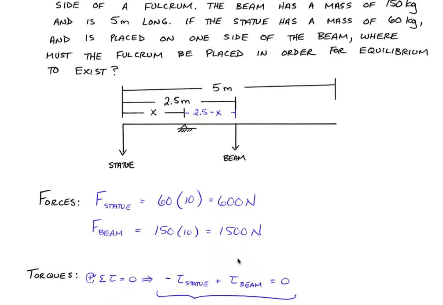And like we did before, I will calculate my torques, clockwise being considered positive. Well, if this is pinned here, that statue is trying to make this whole system rotate counterclockwise, therefore a negative torque, and the beam, since its weight acts at the center of mass, is trying to make this whole system spin clockwise, therefore positive.